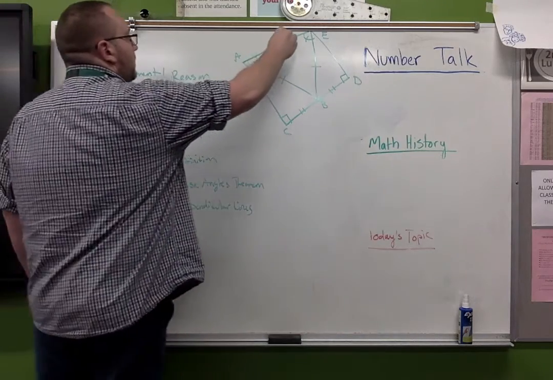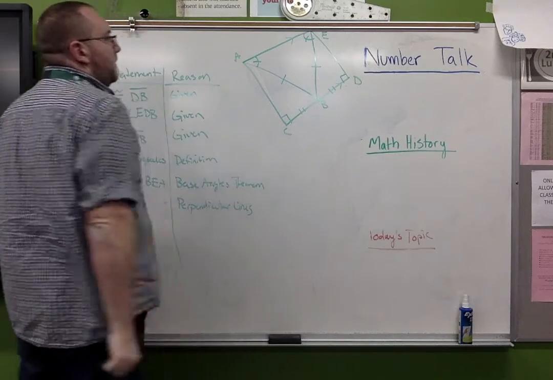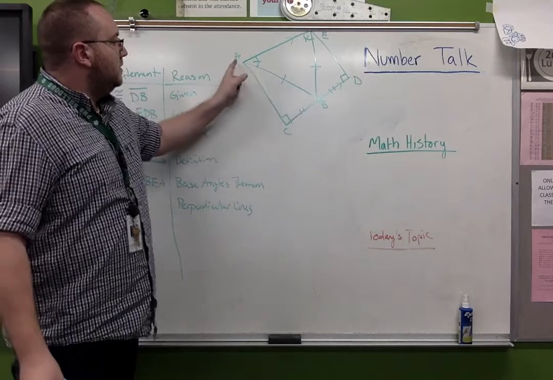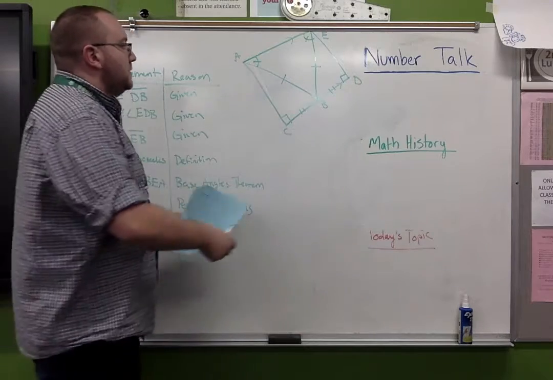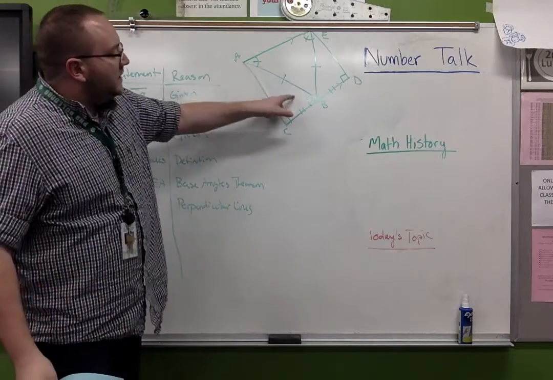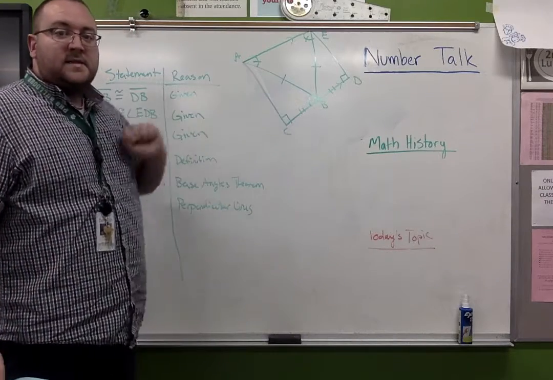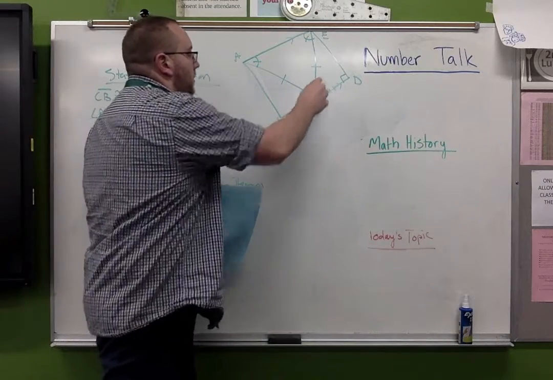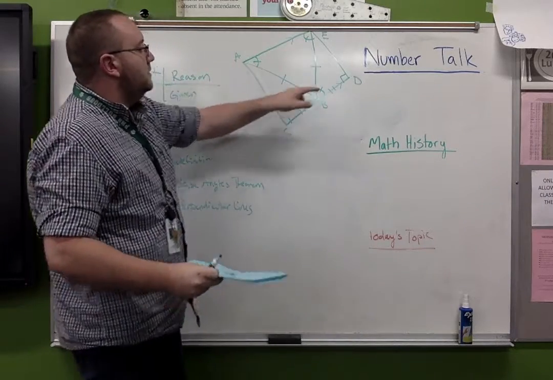So these are parallel. Since those are parallel, angle EAB is congruent to angle ABC, this one right here, because these are alternate interior angles. And similarly, this angle is congruent to this one down here because of alternate interior angles.